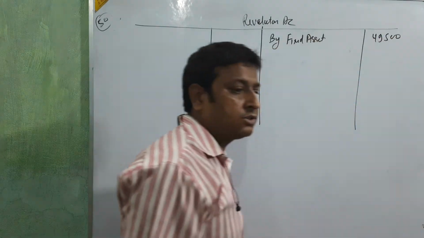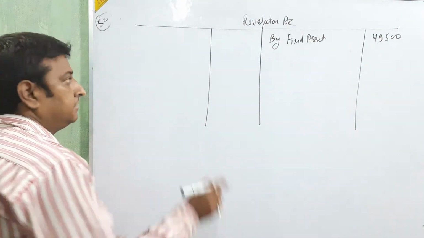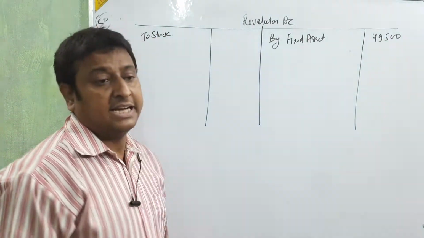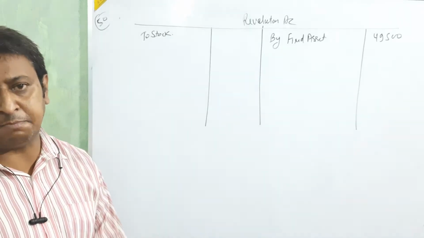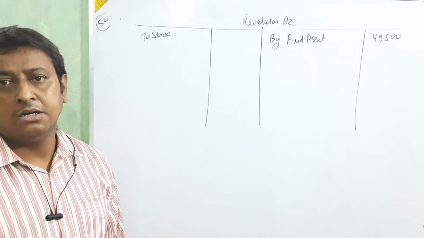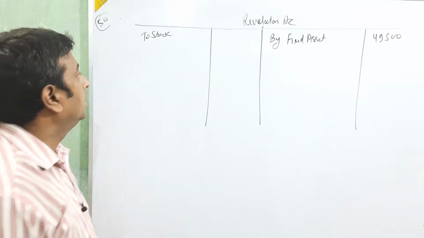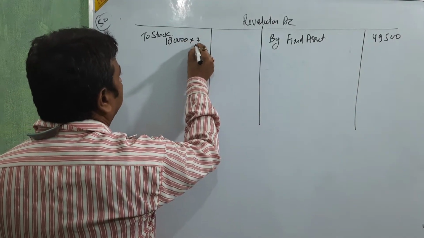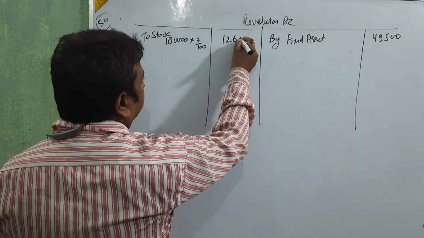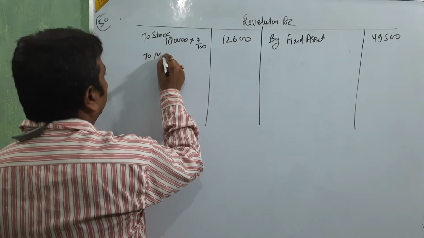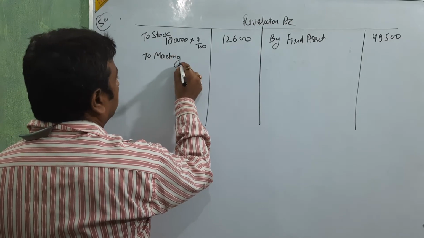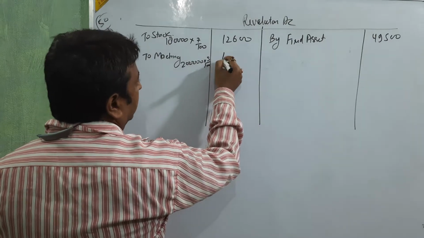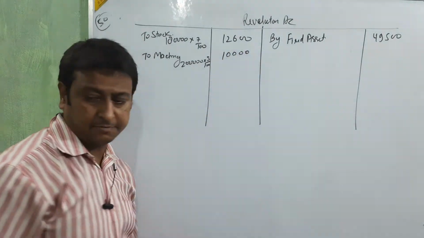Then stock: it is given that stock is reduced by 7% and machinery by 5%. So stock 1,80,000 into 7/100 is 12,600, and machinery 2 lakh into 5/100 is 10,000.